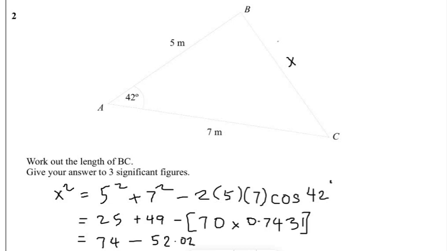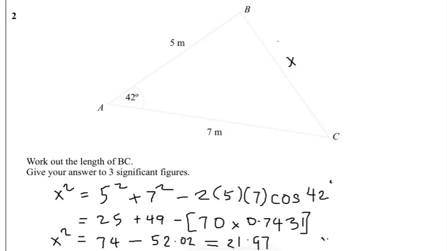And if you subtract that from 74, you get 21.97. And so that is your x squared.